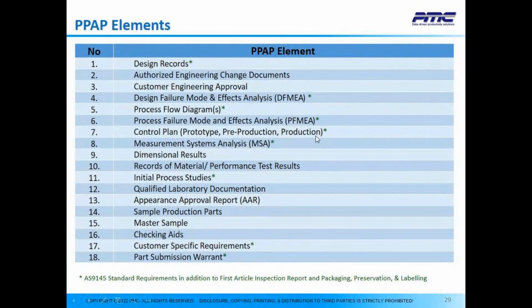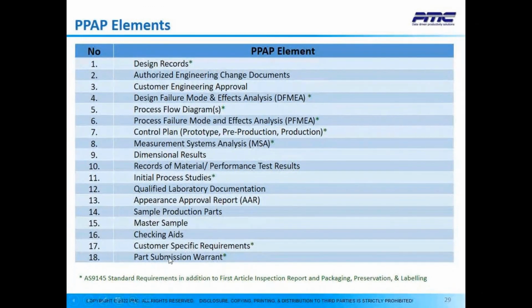In aerospace, they only use pre-production and production. Measurement system analysis, dimensional results for every feature, records of material and performance test results, initial process studies, qualified lab documentation, appearance approval report, sample production parts, master sample, checking aids, customer specific requirements, and part submission warrant.